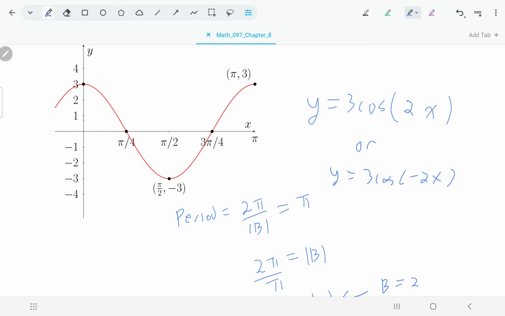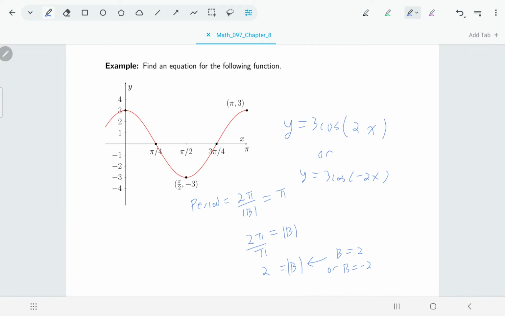But of course, since our graph is symmetric around the y-axis, it could be flipped or not, and it would look exactly the same. So as it turns out, we've got 2 different answers to this already, which is you could describe it as a cosine graph that's been stretched horizontally, or you could describe it as a cosine graph that's been stretched vertically, then stretched and flipped horizontally.